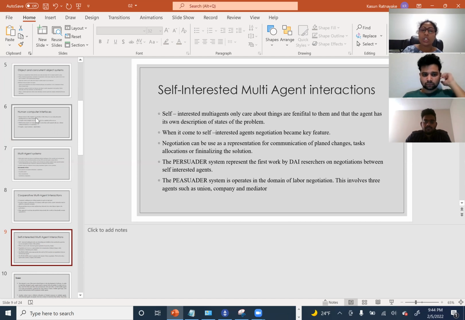So negotiation can be used as a representation of communication, or for planning changes, task allocation, or finalizing the solution. The procedural reasoning system represents the first work by DAI research on negotiation between self-interested agents.